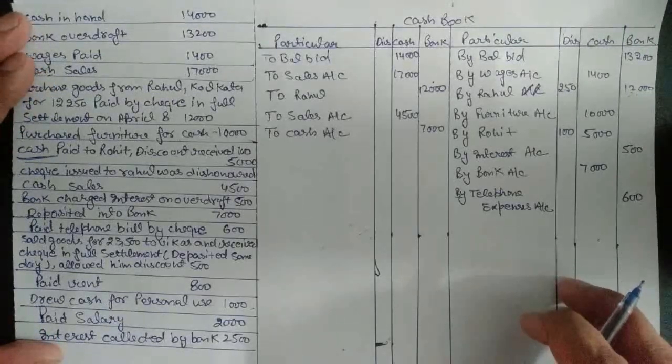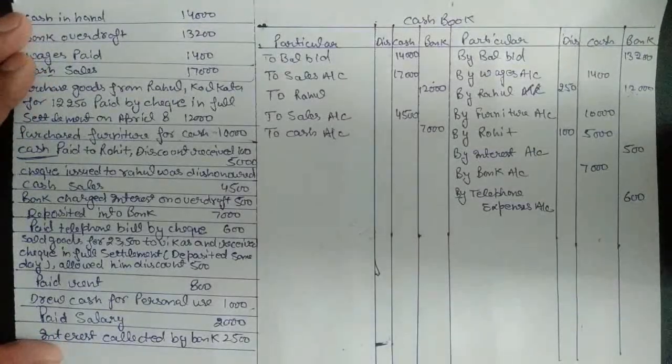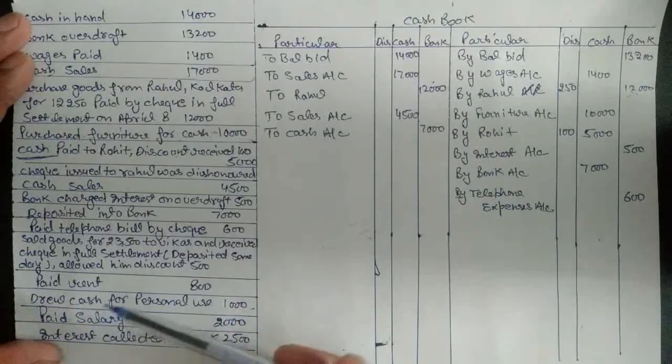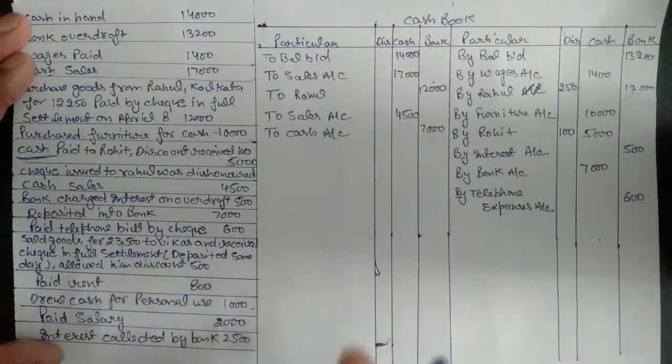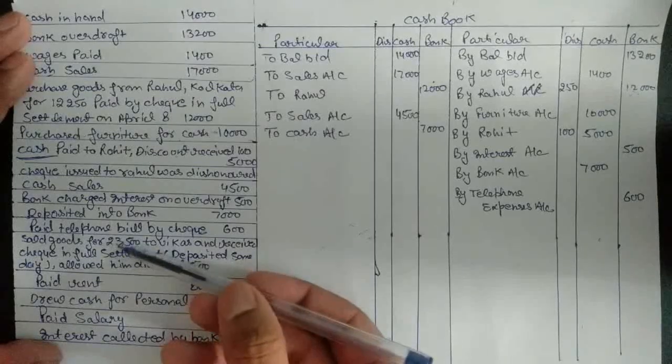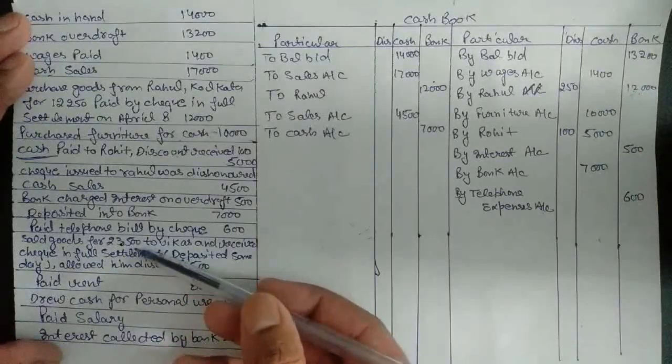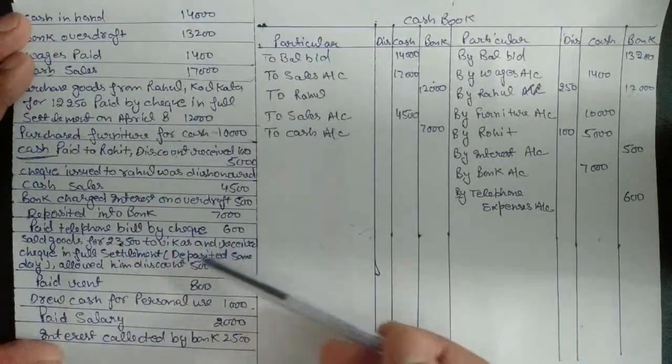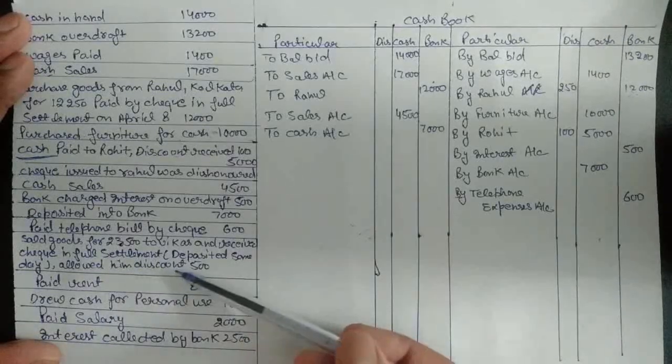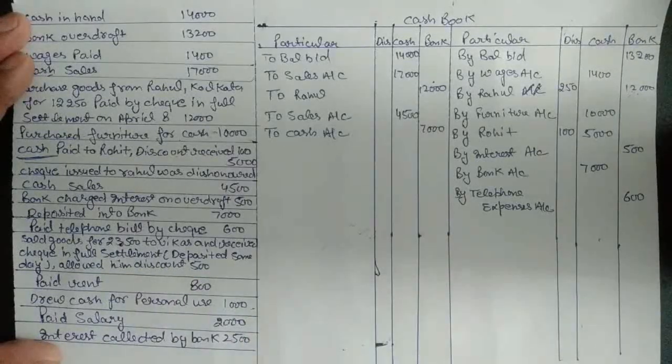So what we need to do, we need to increase our bank balance by 23,000, because we sold goods of 23,500 and Vikas sent a check after getting a discount of 500 from us. We allowed a discount of 500 to him and the remaining amount he sent by check.